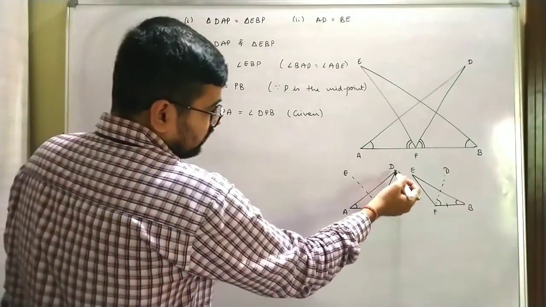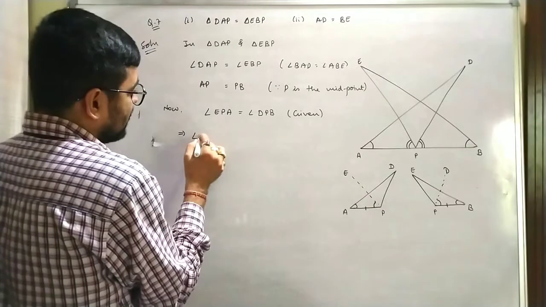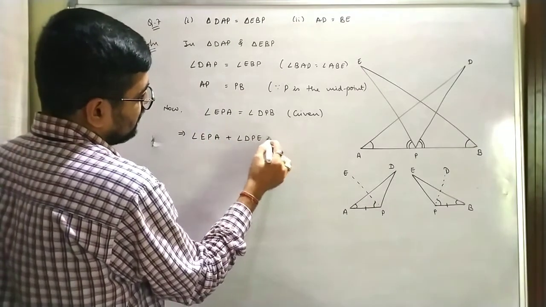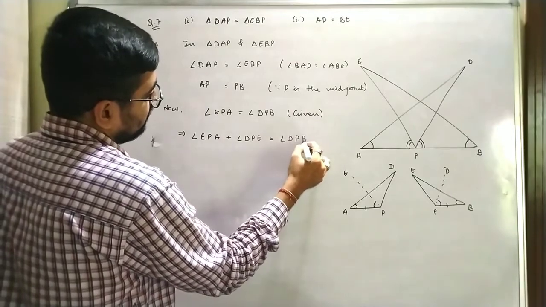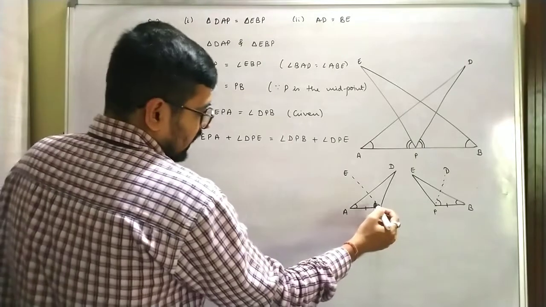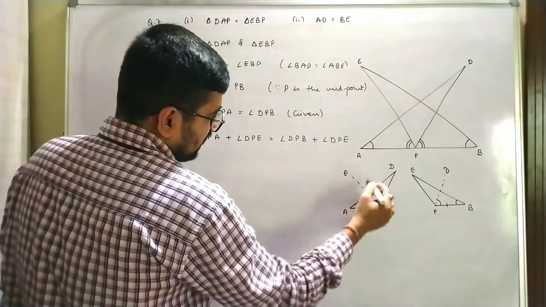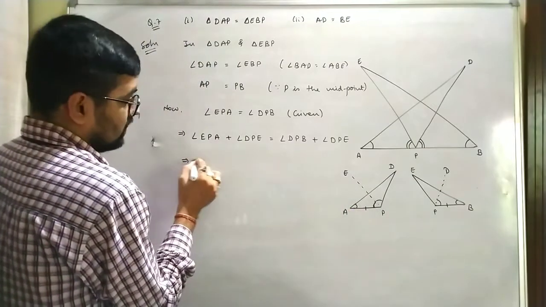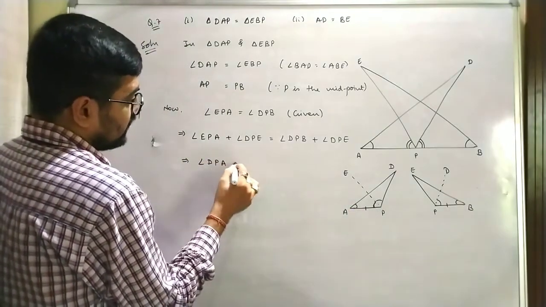So we'll simplify this. कैसे? तो I told you that add DPE both sides. So EPA plus DPE, DPB plus DPE. Now check, है ना? EPA this much angle, DPE this much angle. So ये total कितना हो गया? DPA.